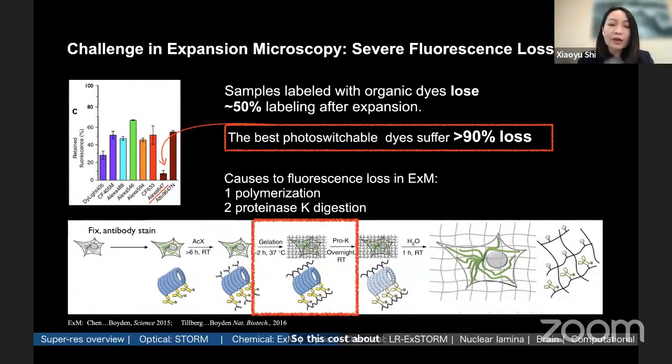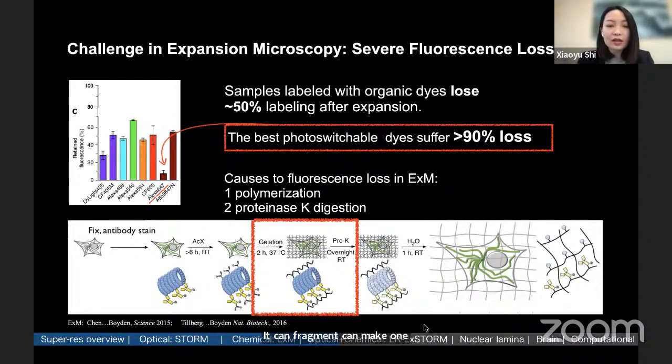And the other unexpected major cause is the proteinase K digestion step. Since the proteinase is working on chopping the proteins, sometimes when it's overdone, it can make one protein fragmented.